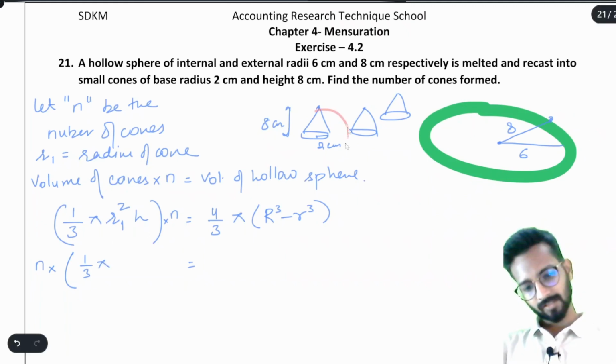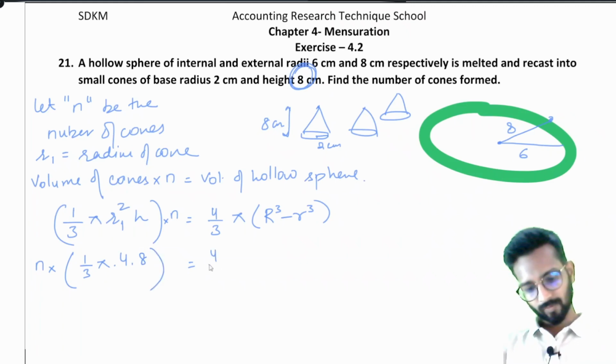So n multiplied by 1 by 3 pi r square, where the radius of the cone is 2 centimeter given, so again this 2 centimeter is only squared here, so I can say multiply 4. Height given is 8. Equals 4 by 3 pi 8 cube minus 6 cube.